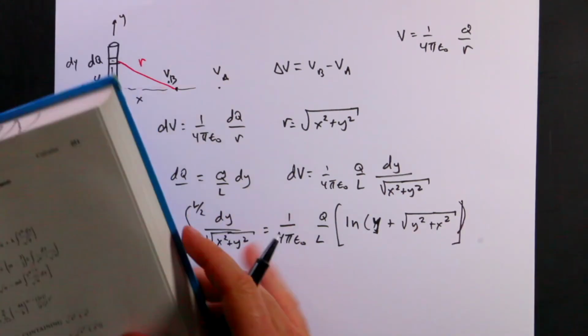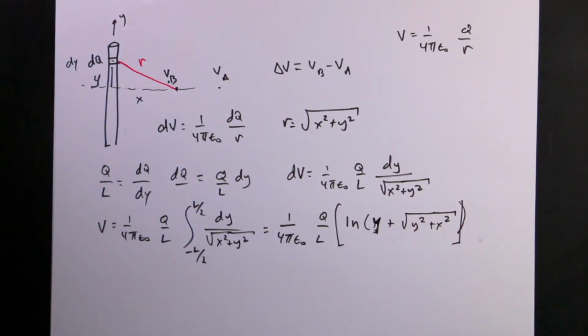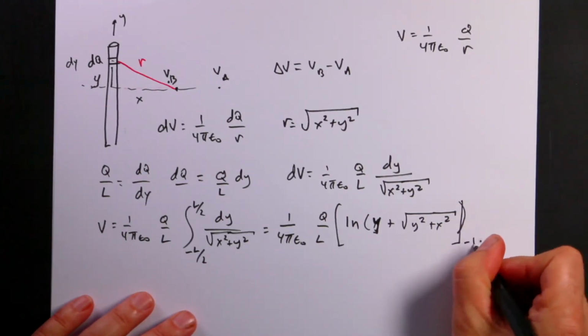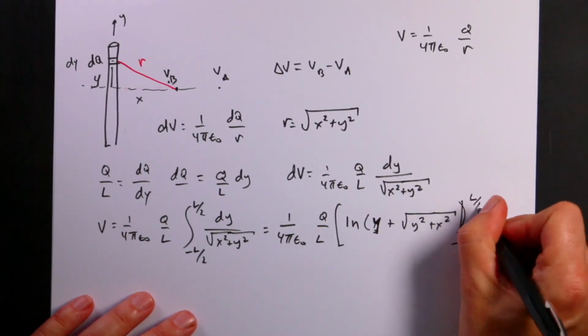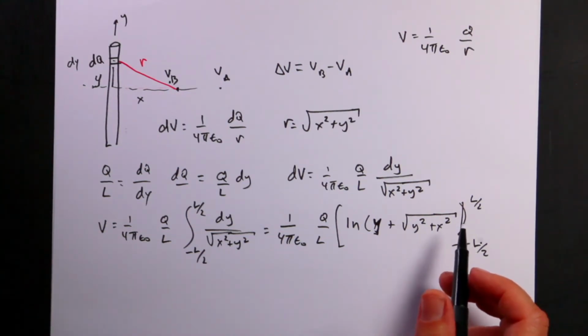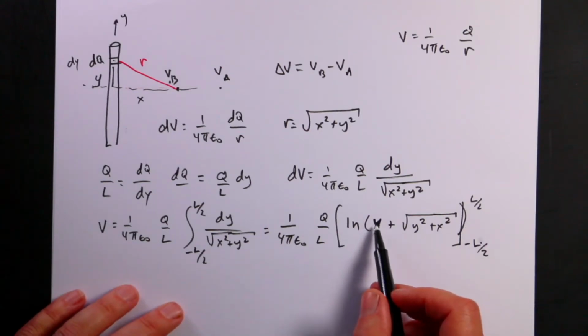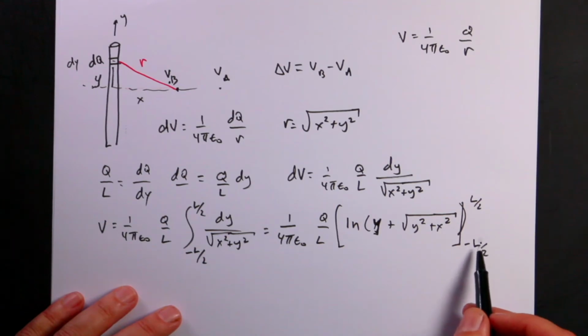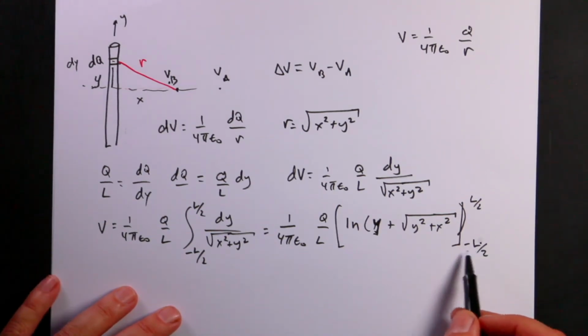Okay, so we did it. And that's from negative L over 2 to L over 2. So now I'm just going to put in L over 2 for all these y's and negative L over 2 and divide them.